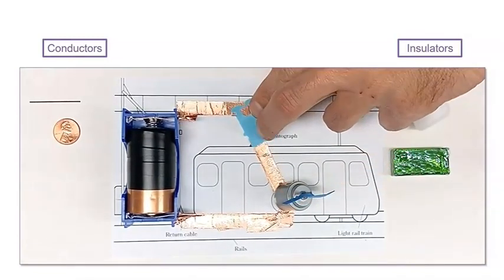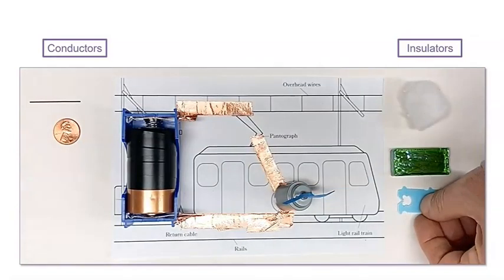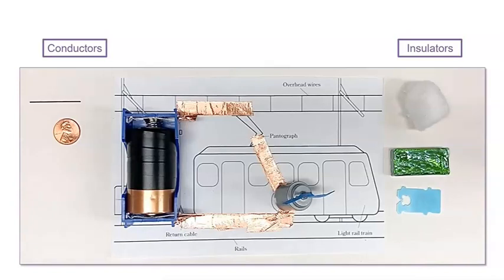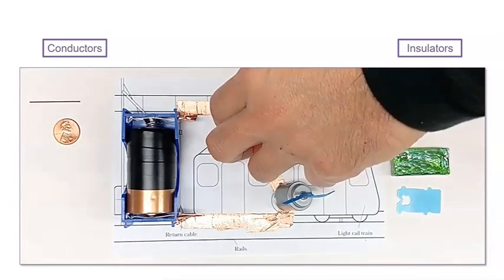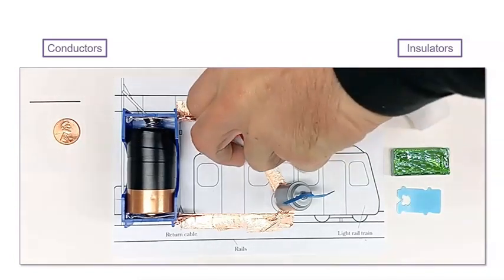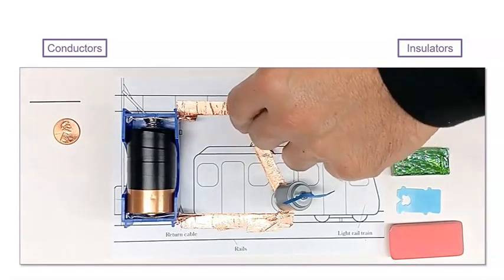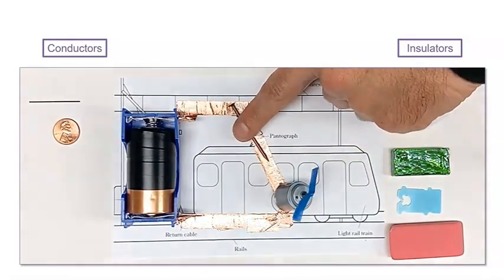Next up, the plastic bag closure. Now we're testing the rubber eraser. Our last material is the steel nail.